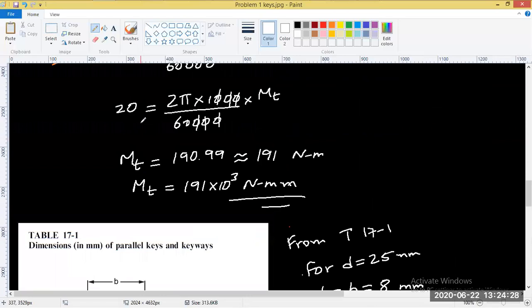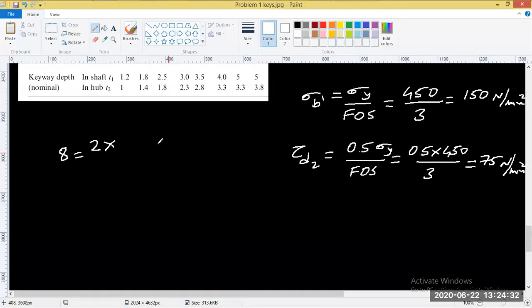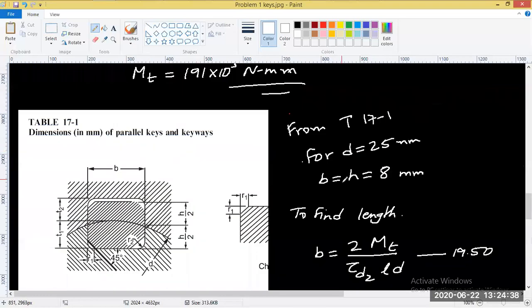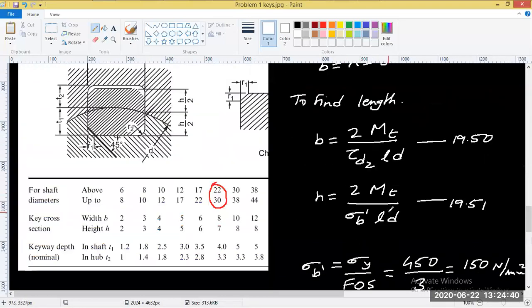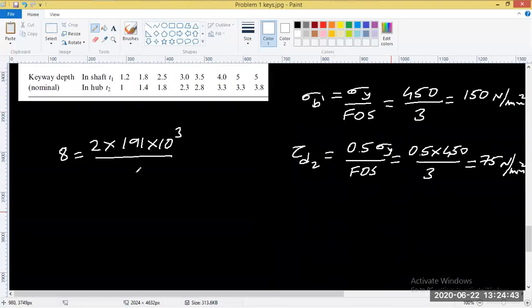So torque, what we got is 191 into 10 power 3 divided by, and it is LD. The tau is 75 into L into D. D is nothing but the diameter of shaft, that was 25 mm.